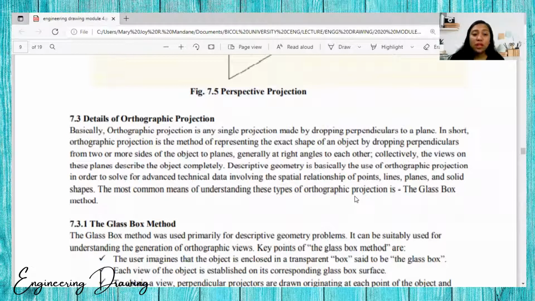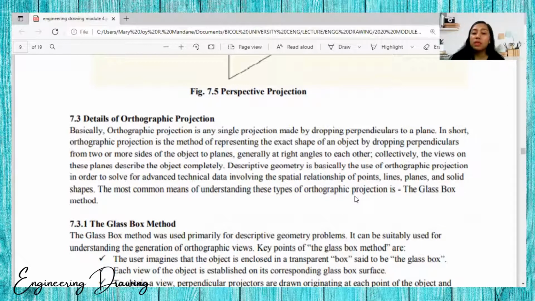Collectively, the views on these planes describe the object completely. And descriptive geometry is basically the use of orthographic projection to solve for advanced technical data involving the spatial relationship of points, lines, planes, and solid shapes.